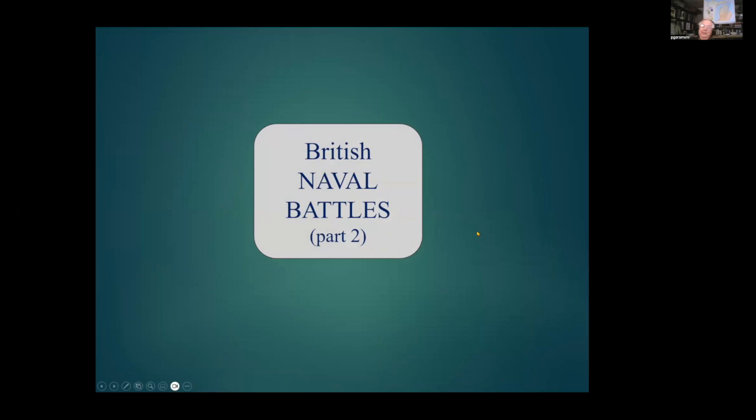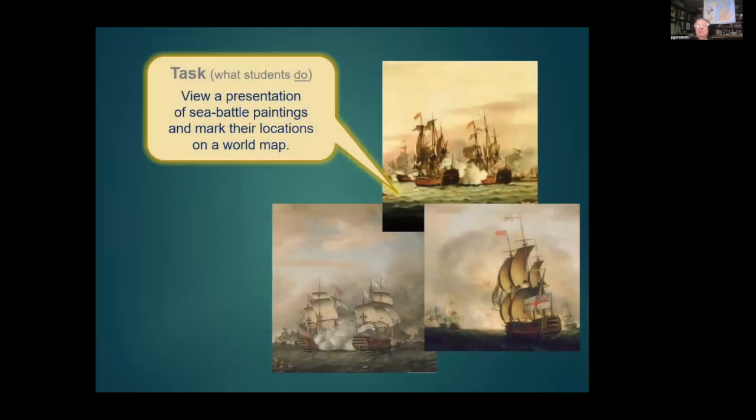That brings us back to British naval battles part 2, because one of the reasons that Saratoga happened and Yorktown was that both of them were tied into international battles. This one grew out of a history conference about 8 years ago, when the theme of the conference was using art to help teach history.